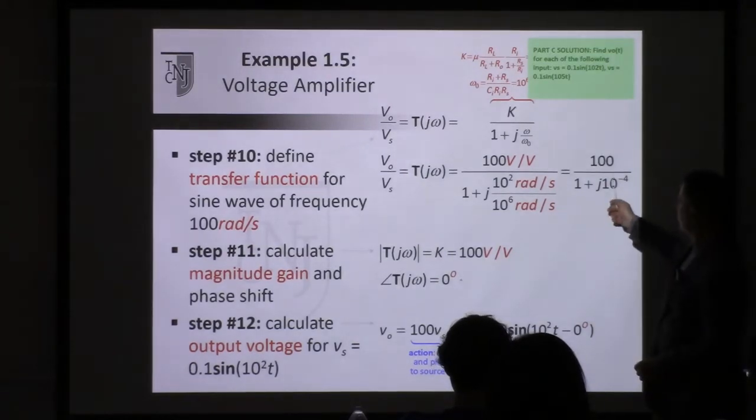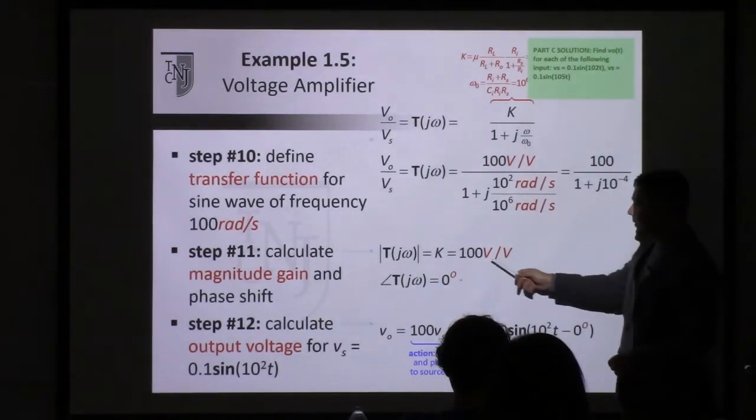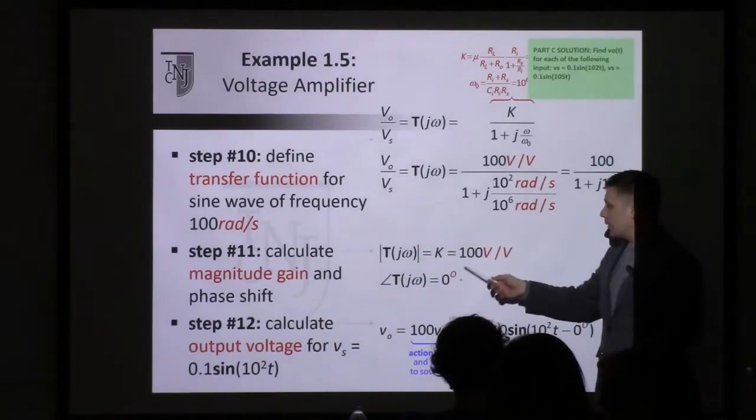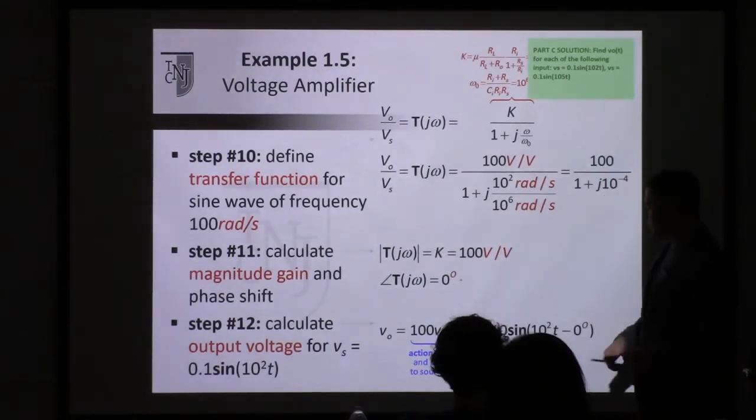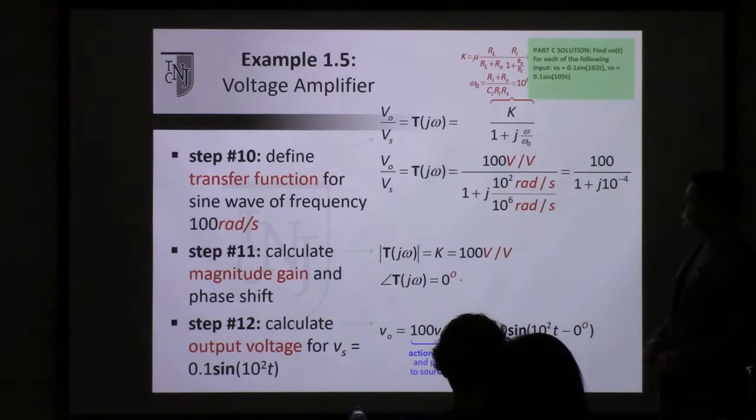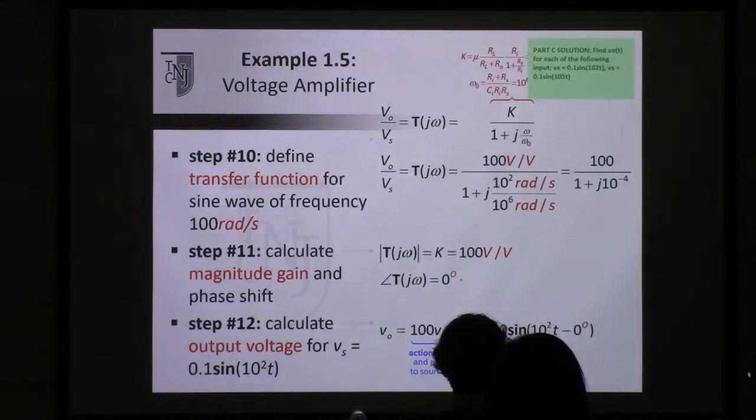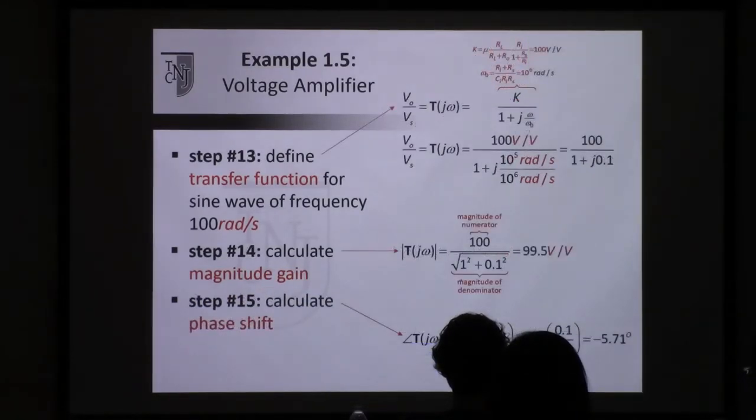So at 100 radians per second, you end up with a k value of 100 and a phase shift of 0. So I'll leave this up to you. Take a look. These are just plugging in the values.